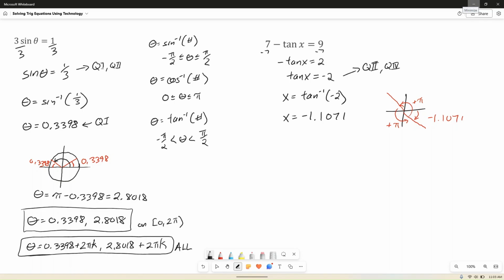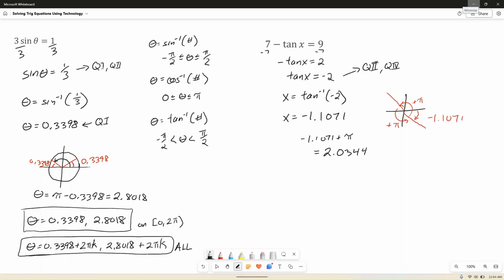So if I take that negative 1.1071 and I add a pi to it, I will get 2.0344, and that is an angle in the second quadrant.